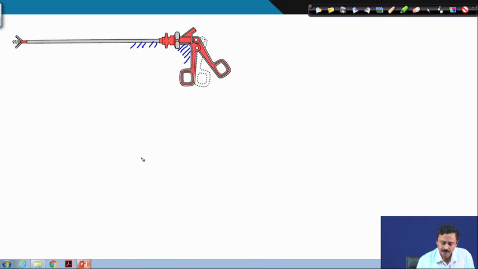So, the ground link, there is a ground hinge. So, this hinge is the ground hinge to which the other finger grip is connected, and that is connected to a revolute pair here, which goes and connects to a slider inside the barrel.